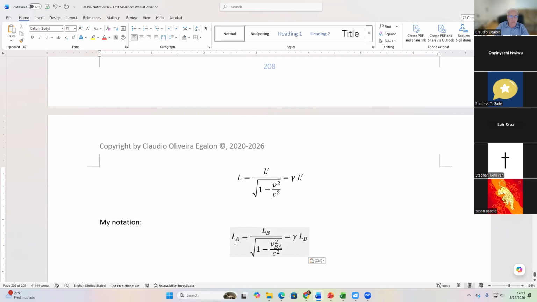The distance from planet A to planet B as measured by referential A.